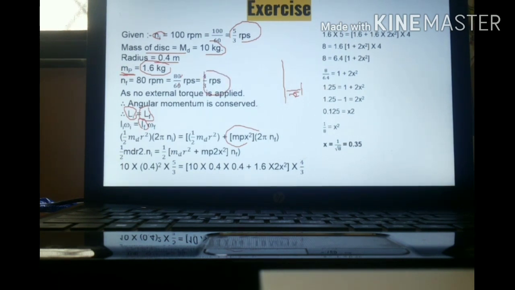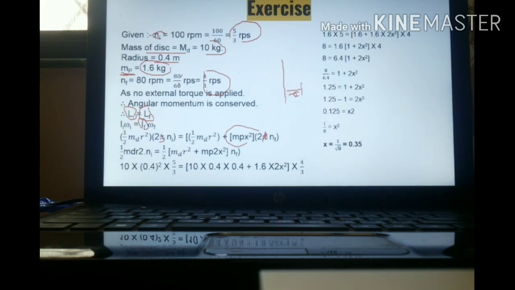I have removed the brackets, and I have taken 2 pi inside because 2 pi was only with this one. What I am doing over here, you will see that pi and pi are getting cancelled.